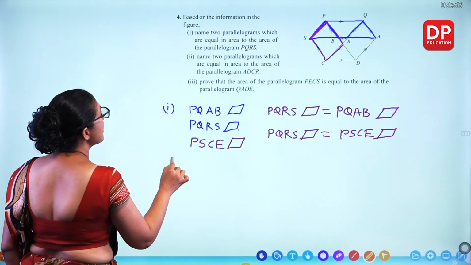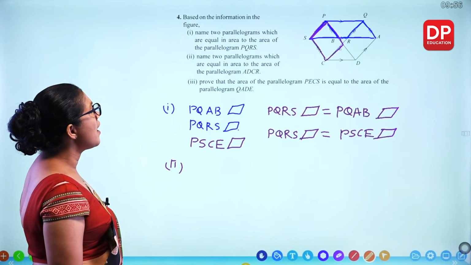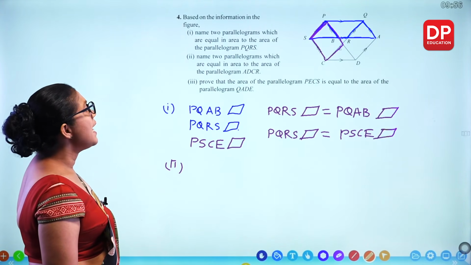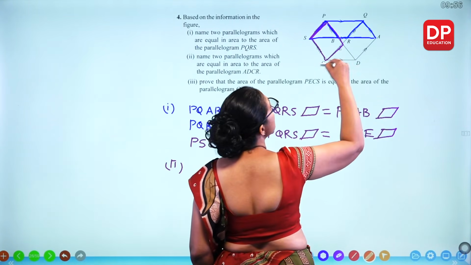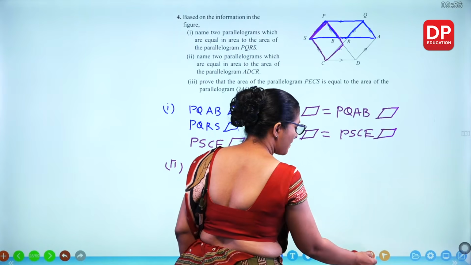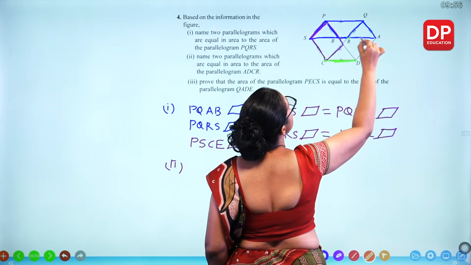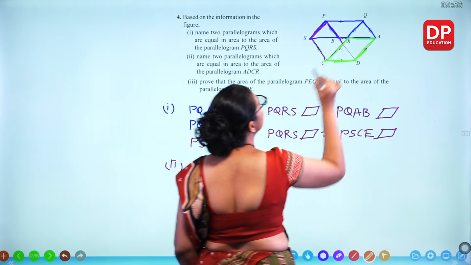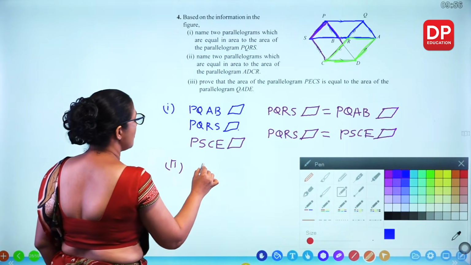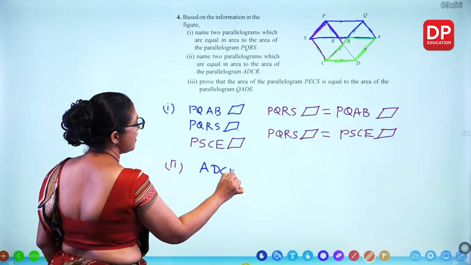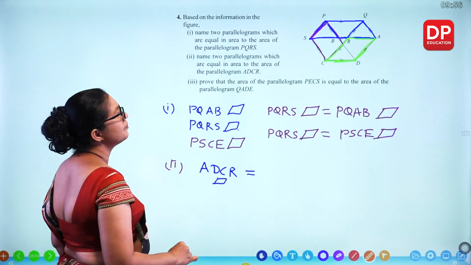Now we look at the second one. Name two parallelograms which are equal to the area of the parallelogram ADCR. ADCR, this one. I'll take another color. ADCR, this one now. So ADCR area is same as, what?